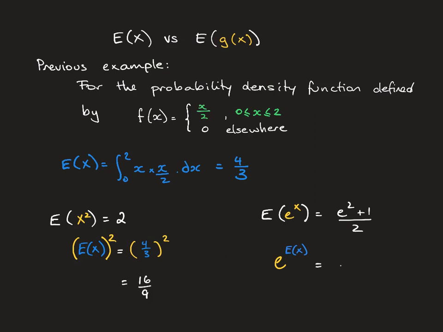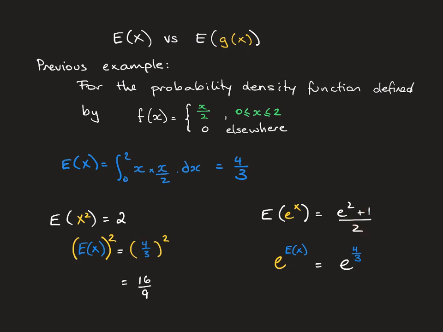So that gives us e to the power of 4 on 3, and e to the power of 4 on 3 is not equal to e squared plus 1 divided by 2.